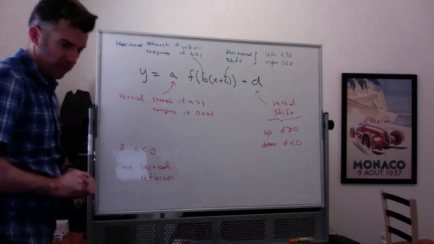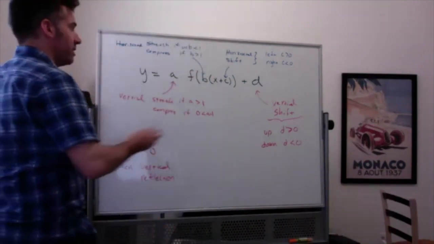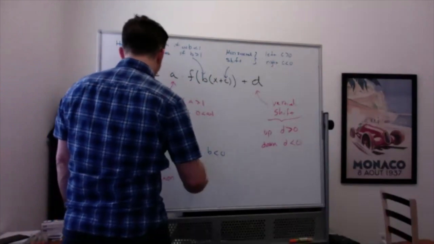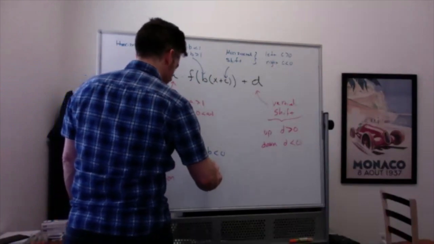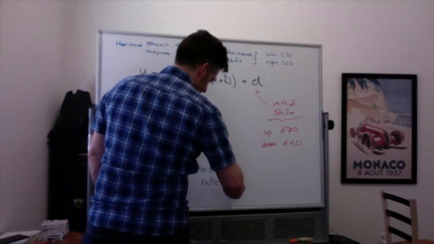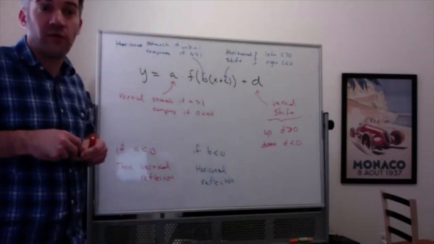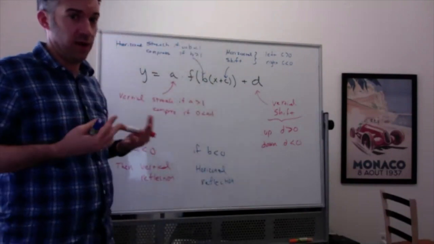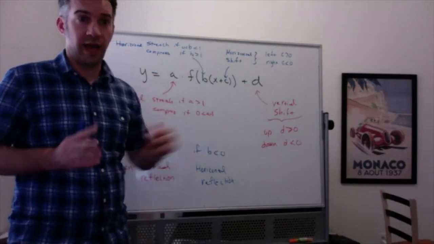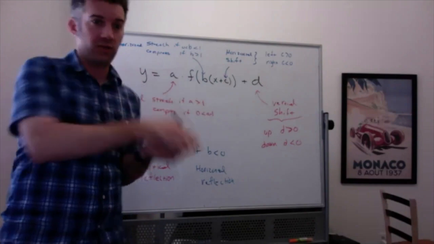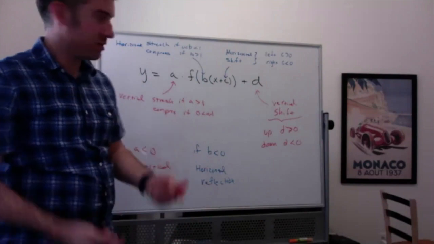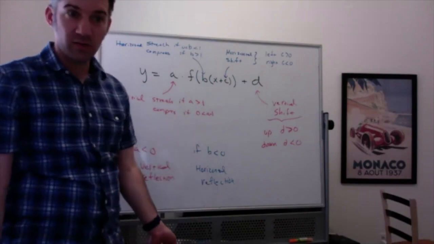And if b is negative, that's going to give us a horizontal flip or a horizontal reflection. So these are kind of all the ways we can transform a parent graph. You can shift it up, down, left, right. You can stretch it out horizontally, smush it in horizontally, stretch it out vertically, smush it in vertically. You can also flip it vertically or flip it horizontally. Those are kind of all the things you can do.